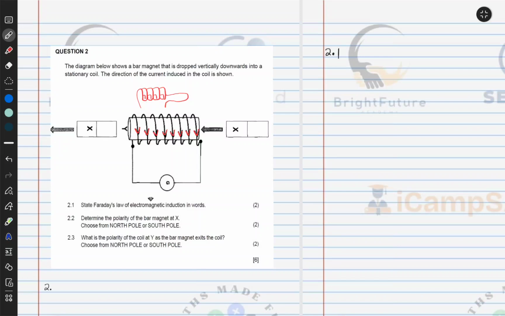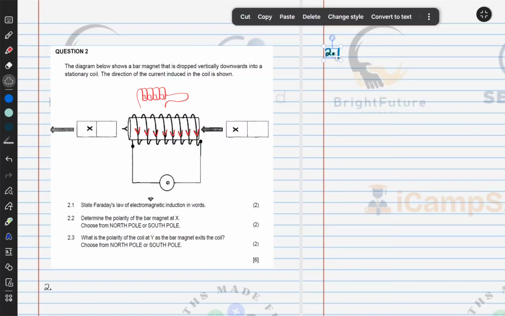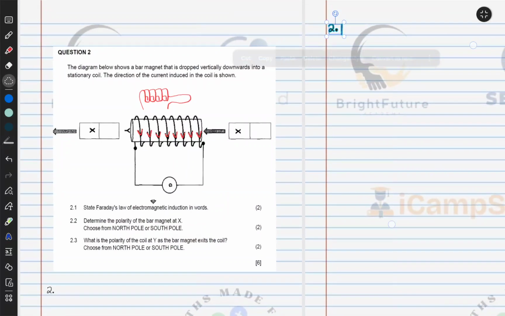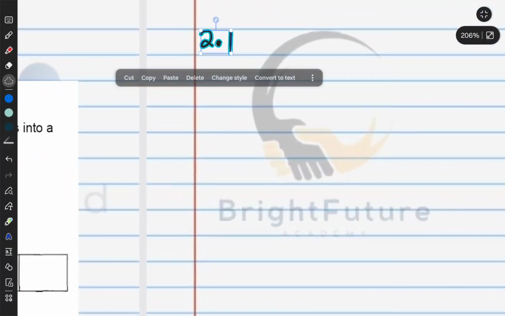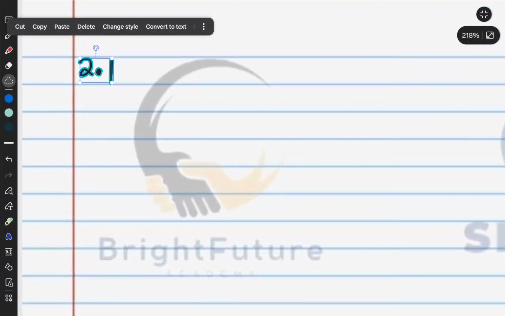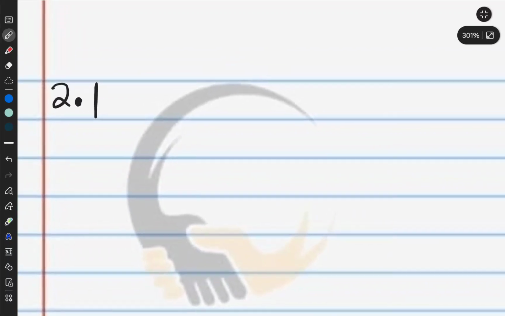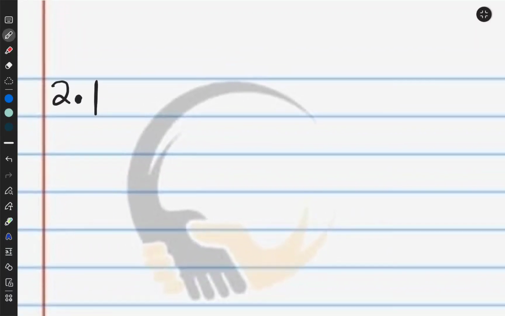So what we end up saying is, let's write this, the magnitude of the induced EMF is directly proportional to the rate of change of the magnetic flux.